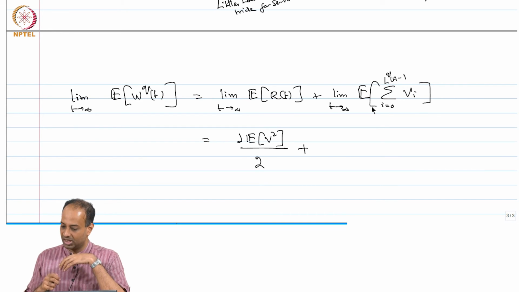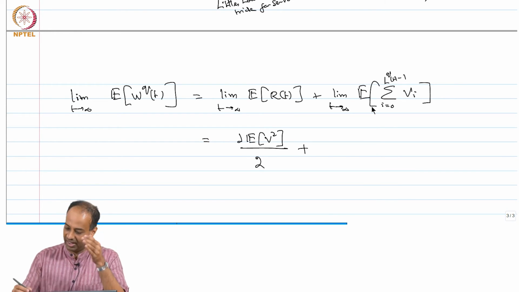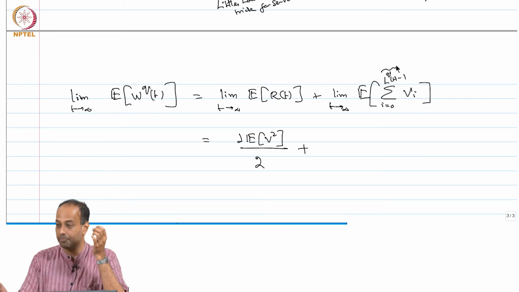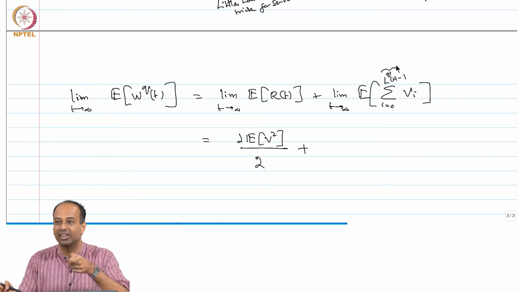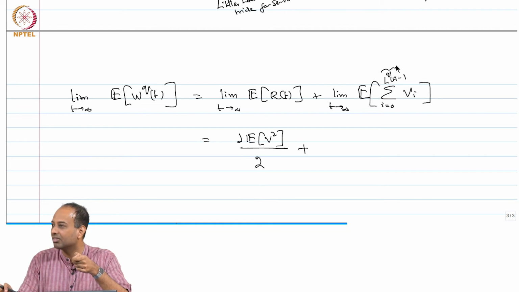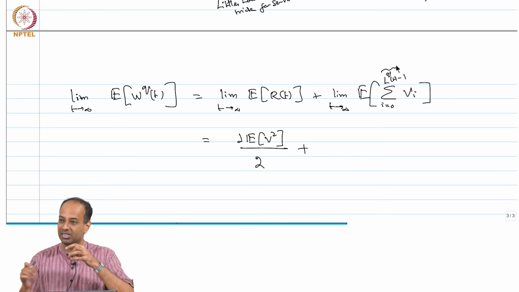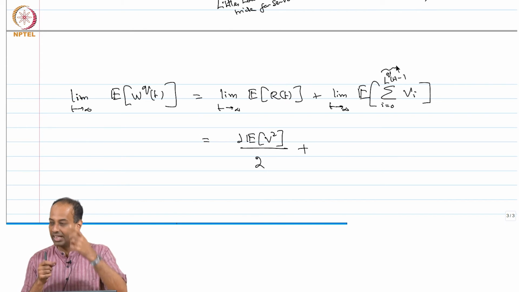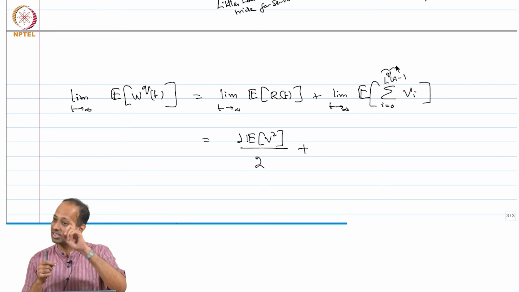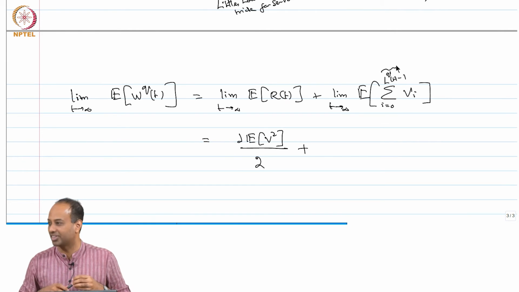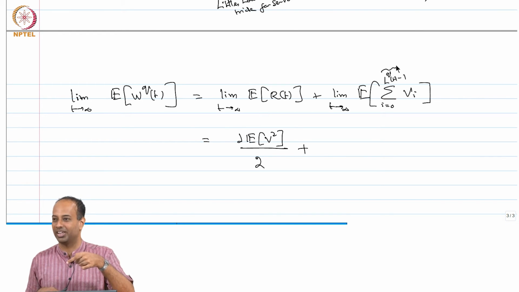In other words, the number of people who are waiting in the system at this time t, LQ(t), is actually independent of the service times of the people who have not even entered service. These Vi are the service times of customers who are waiting, but LQ of t is only a function of arrivals which have come in the past and the service times of the customers who have already left, which are again independent of the Vi of the customers who are waiting in queue.